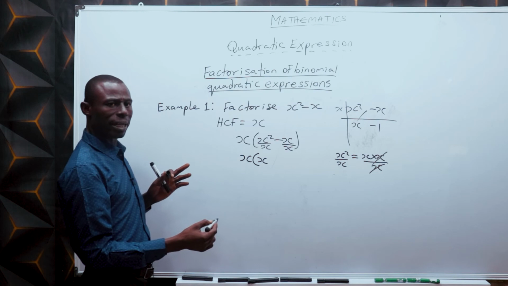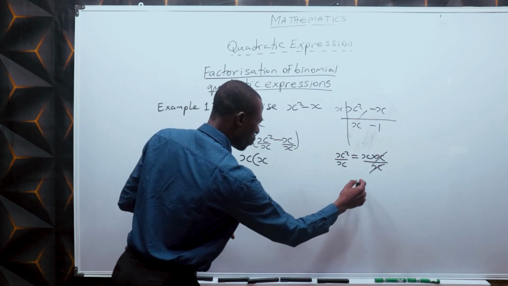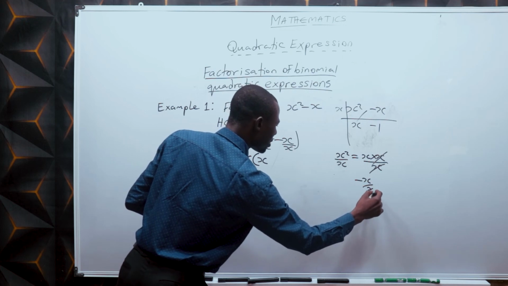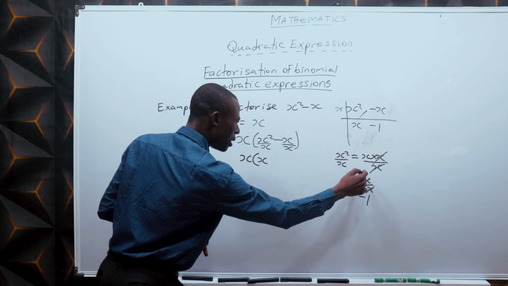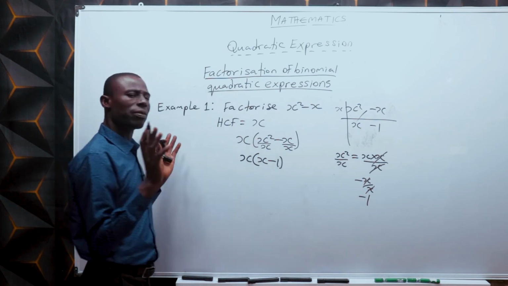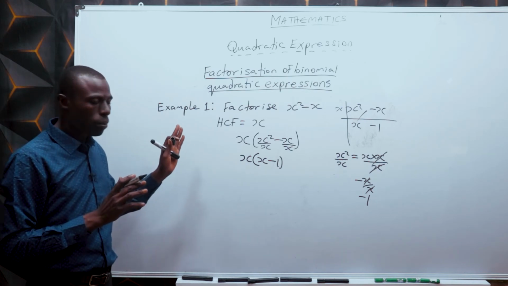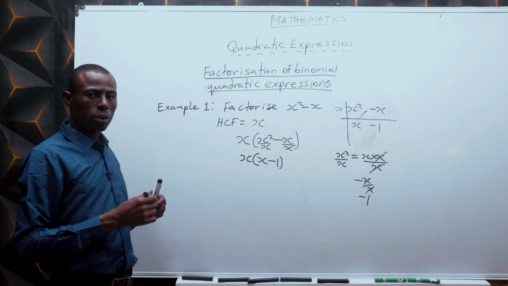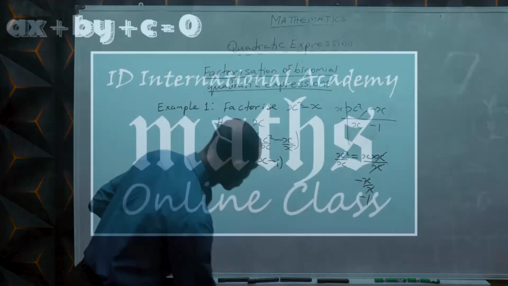You have only one x left. That is the x here. Now, the other one, minus x divided by x, that is minus 1. Because x cancels x, leaving only 1 behind, we have minus 1. And we are done with the factorization. That is how to simply factorize binomial expression in quadratic. Let's go to example 2.